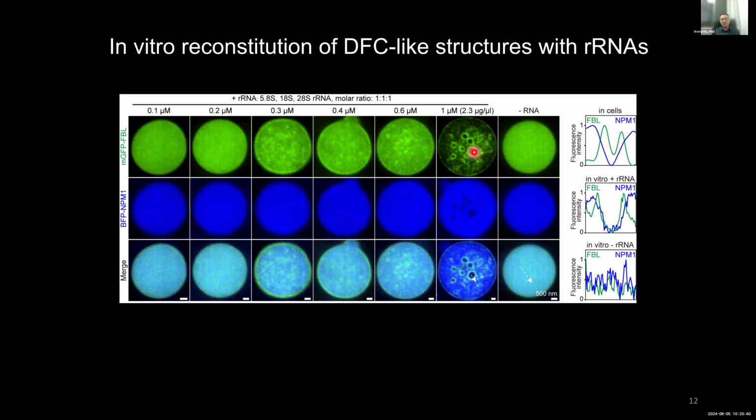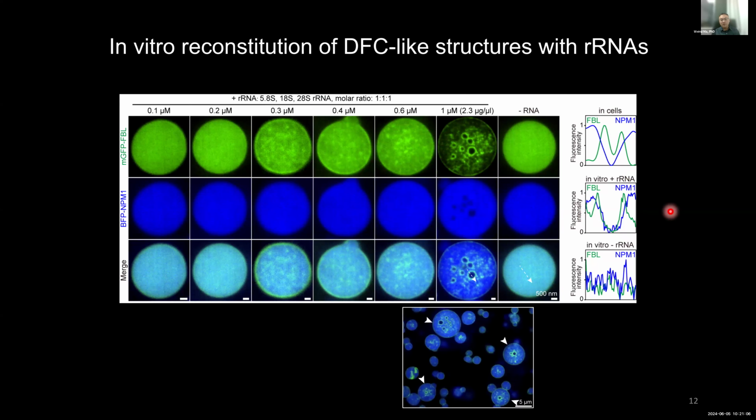Inside the FBL ring-like structure, the NPM1 is largely excluded. This is also similar to the FBL and NPM1 signal in cells. We are very happy about this. We think that's the DFC-like structures, which means ribosome RNA is able to induce the formation of DFC-like structures in vitro.